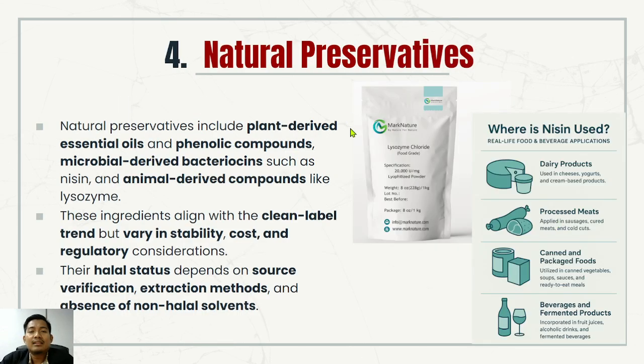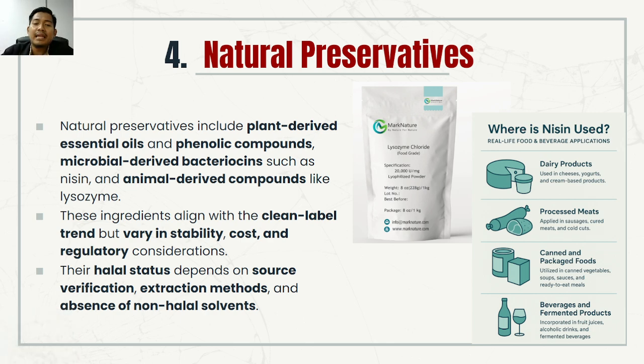Next, natural preservative. It is different from the next point. Natural preservatives include plant-derived essential oil and phenolic compound, microbial-derived bacteriocin such as nisin, and animal-derived compound like lysozyme. These ingredients align with the clean label trend but vary in stability, cost, and regulatory consideration.